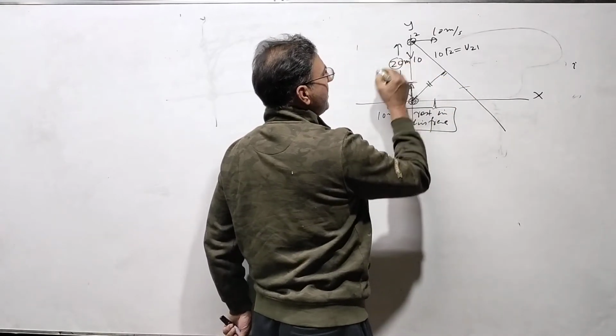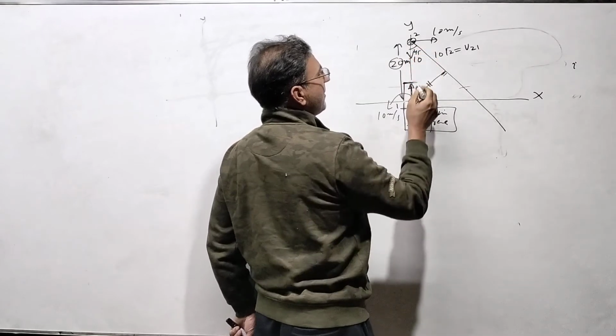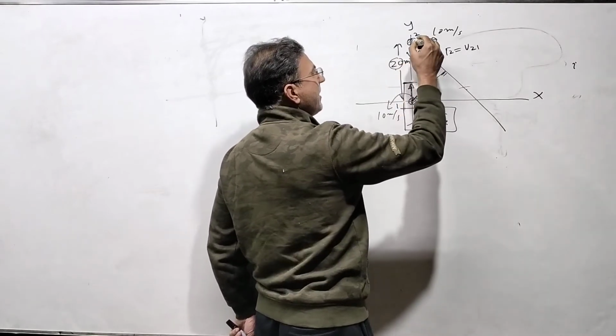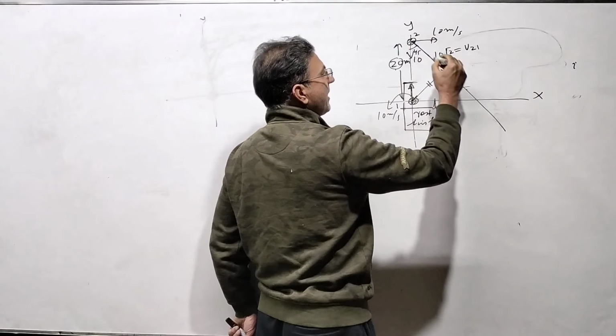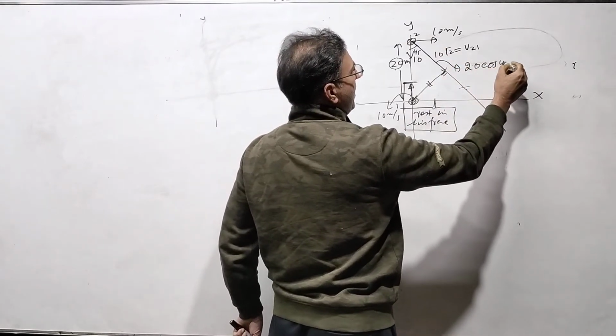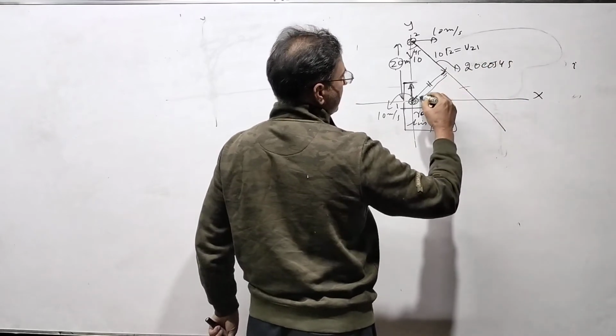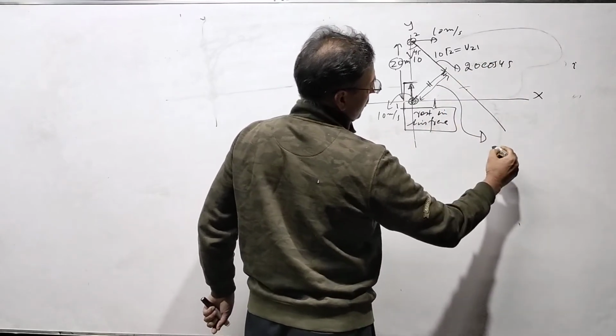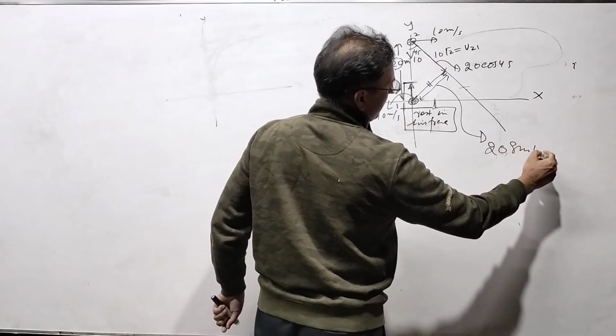So it is 20 here, it is 45. And this 20 has a component from here to here, that distance is 20 cos 45, and this distance is 20 sin 45.